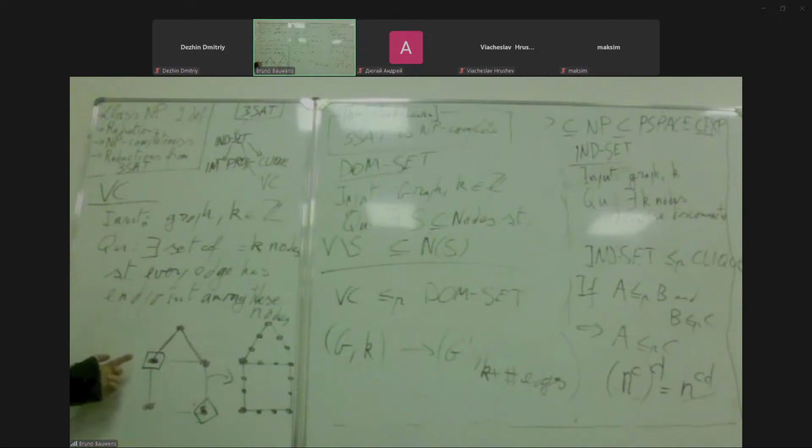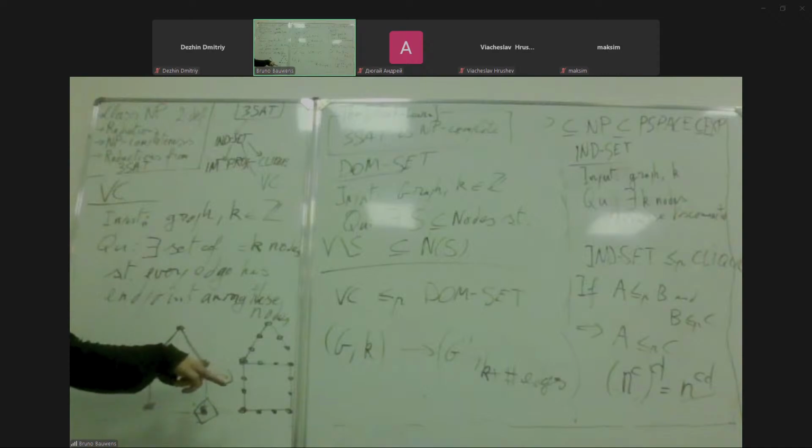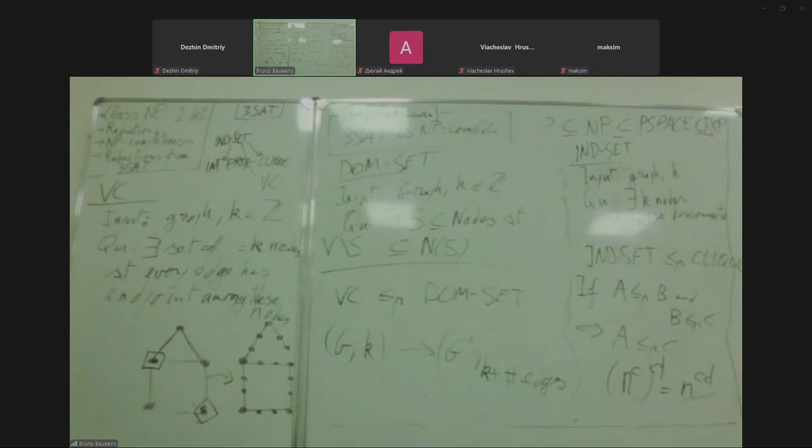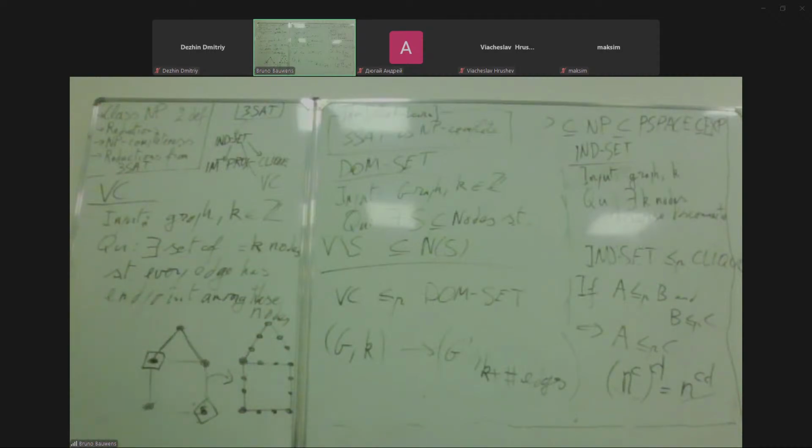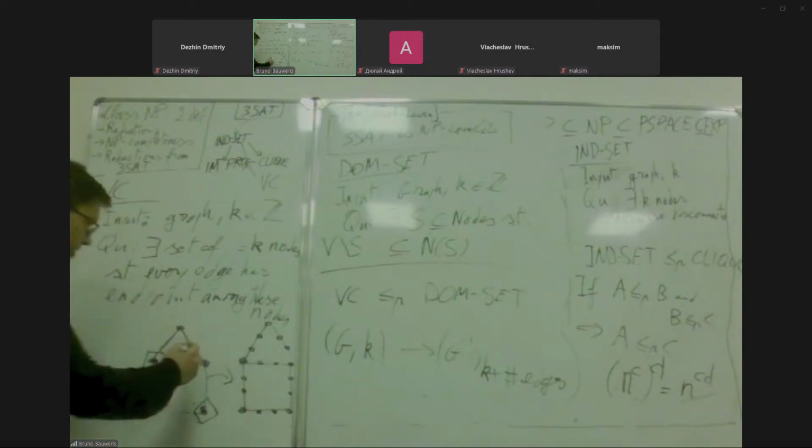So this reduction is done in polynomial time, clearly. And now I claim that if a vertex cover exists here, then we have a dominating set here.